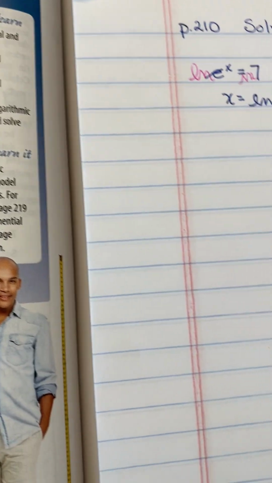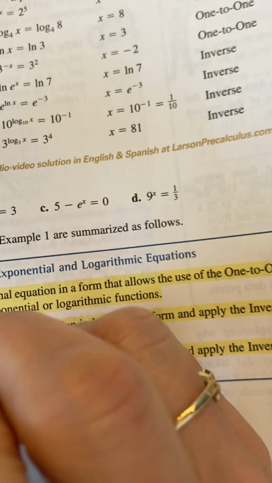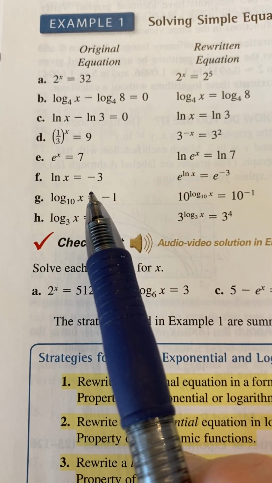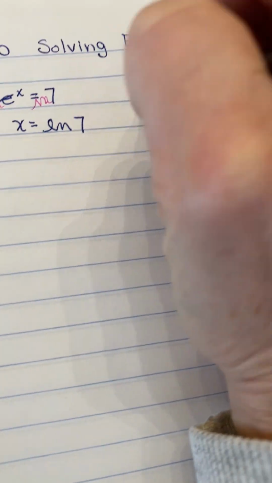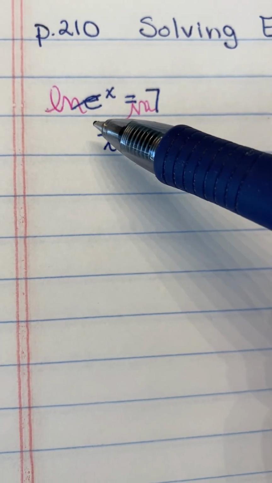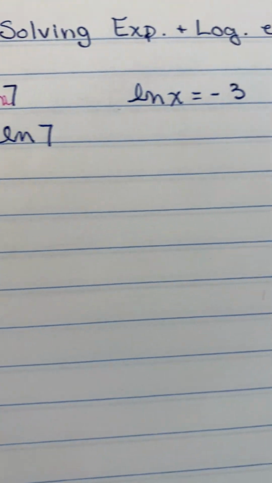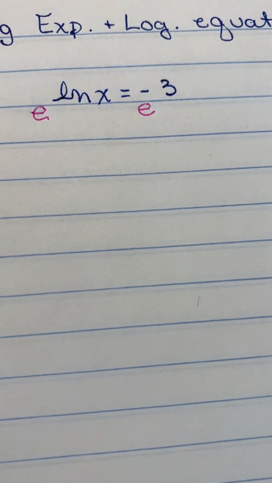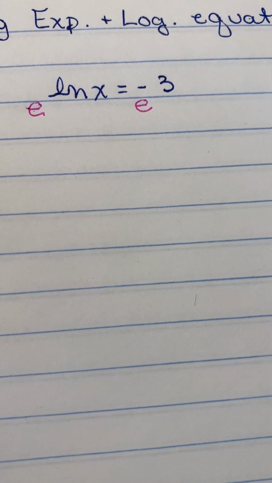Okay. The next equation, natural log of x is equal to -3. Let's write that down. Natural log of x is equal to -3. Just like we got rid of the e by applying natural log, we get rid of the natural log by applying e. And we kind of slide it in here in the bottom because e is always raised to something.